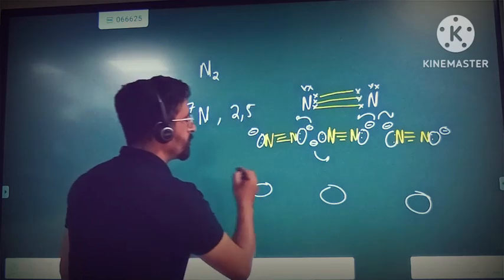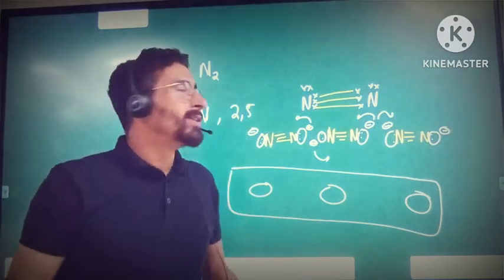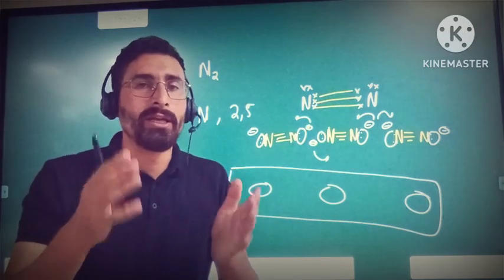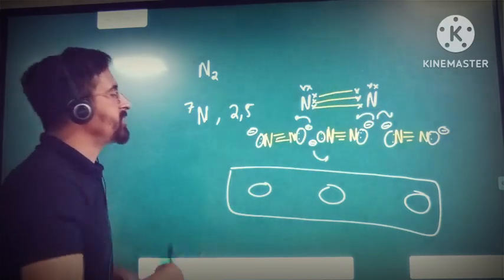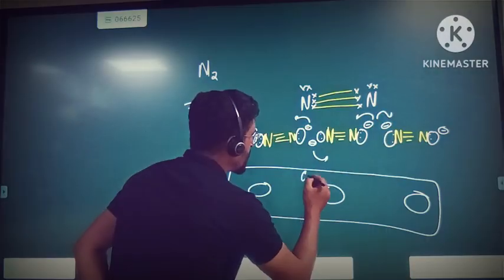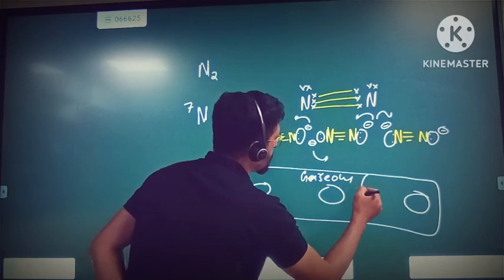And you know that when the distance between the molecules is very large, the forces of attraction between the molecules are very less. So they stay away from each other, and the result is gaseous form.